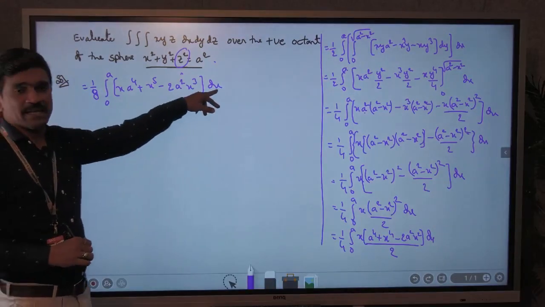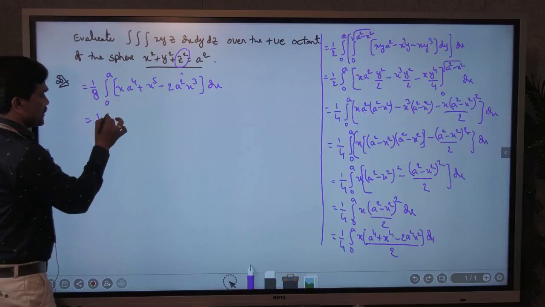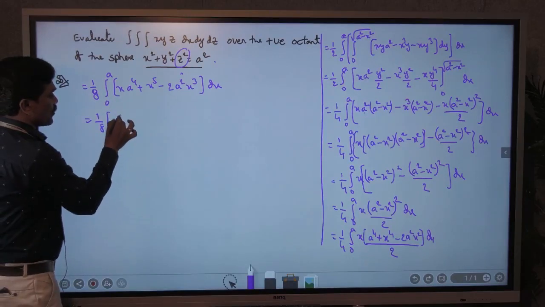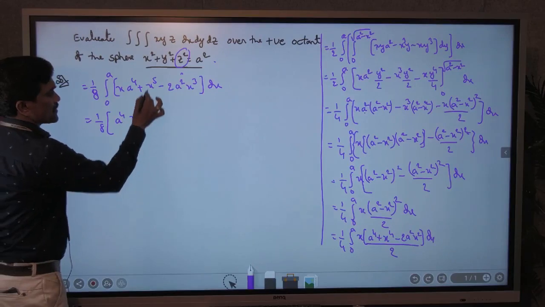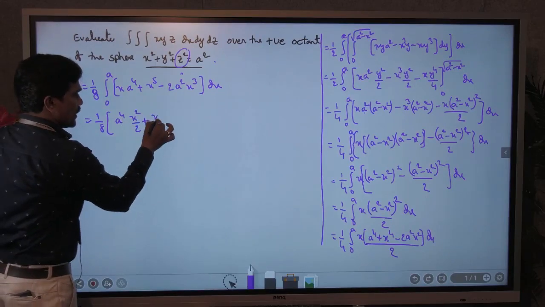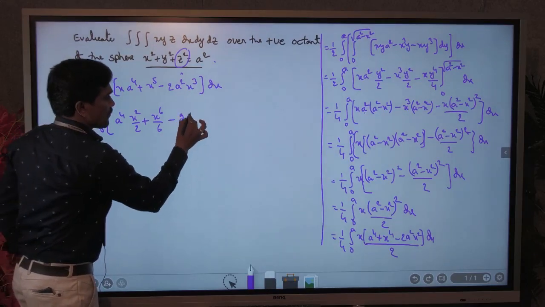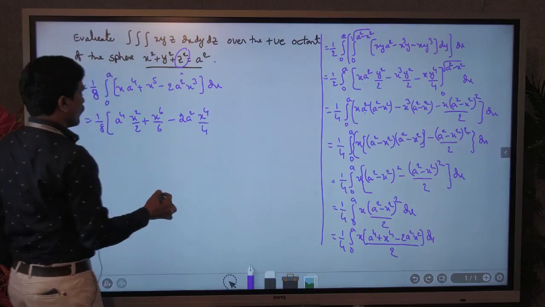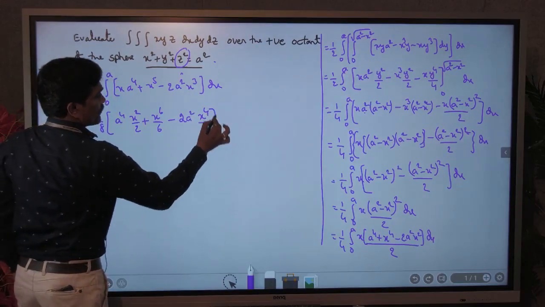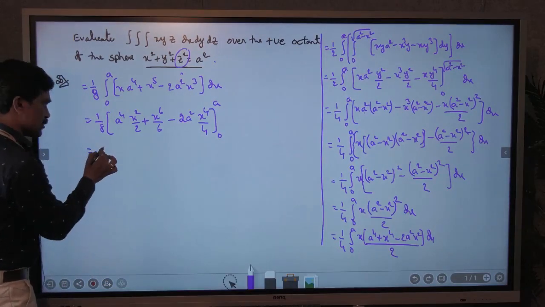Now integrate with respect to x. So now write 1 by 8. a power 4 constant, x integration is x square by 2, plus x power 5 integration is x power 6 by 6, minus 2a square into x cube integration is x power 4 by 4. Now integration is over, limits 0 to a. Now substitute upper limit minus lower limit.